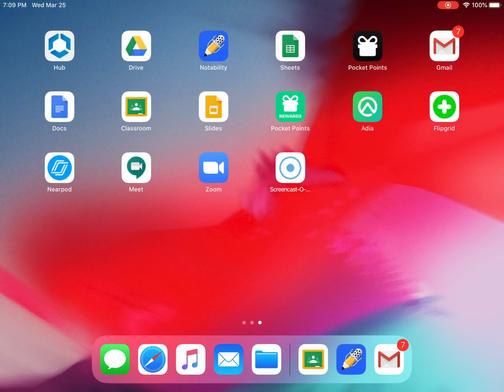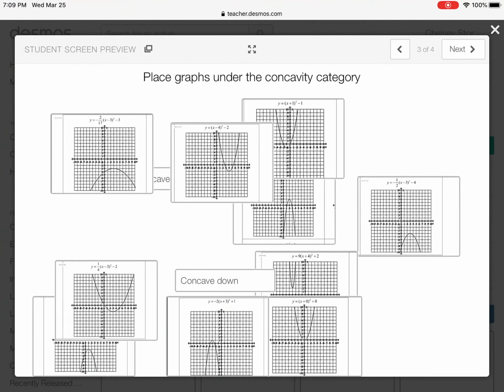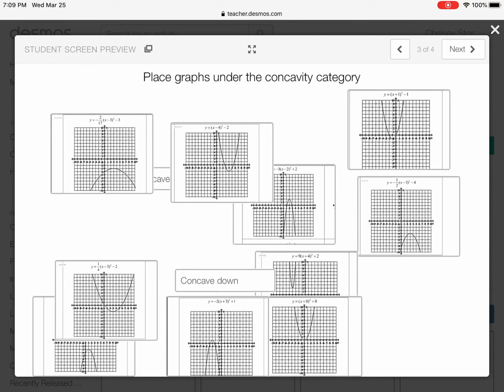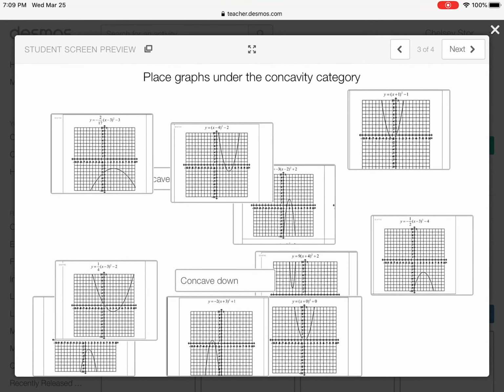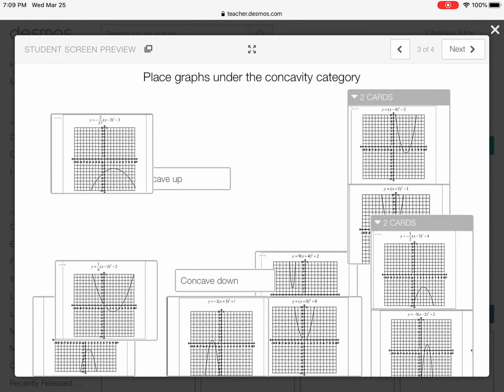Okay, so if I go back and I look at my Desmos and I'm trying to match things, I'm like, oh, that's an up, that's a down. That's an up, that's a down.